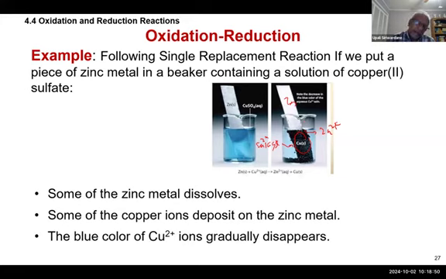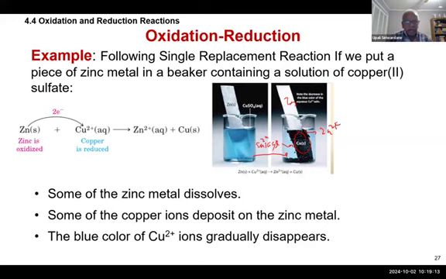The blue color of the copper sulfate solution gradually changes to a lighter color. Blue color is coming from copper ions. Copper ions get deposited. This is the same equation we looked at previously. This is what takes place.